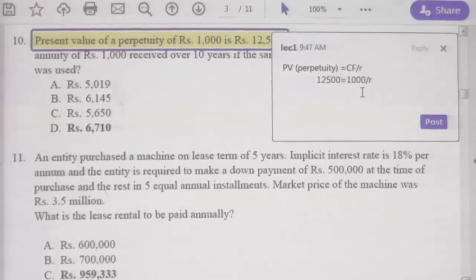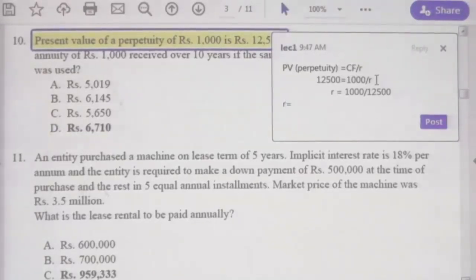Therefore, to calculate R, what do you have to do? You need to take R to this side and 12,500 to the other side. Then what would be the formula? Let's write it again. R equals 1000 divided by 12,500. Then how much is R?